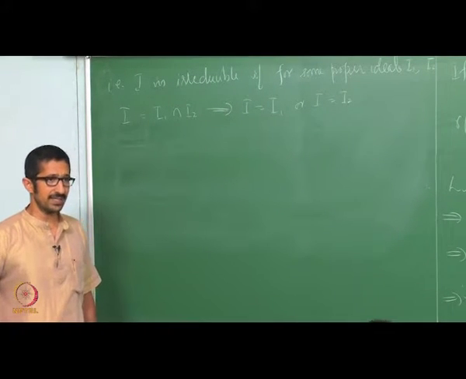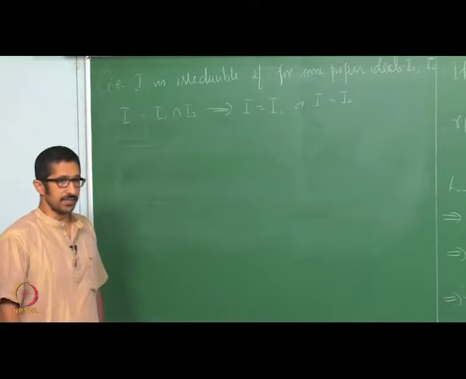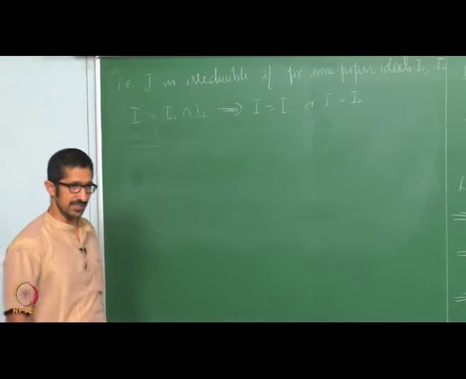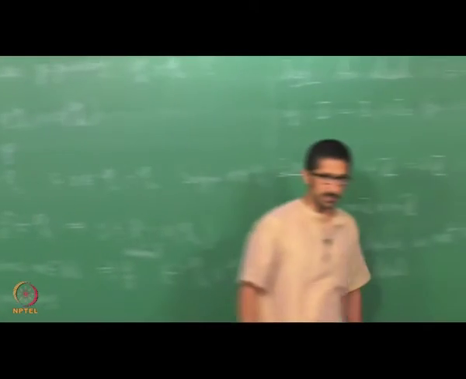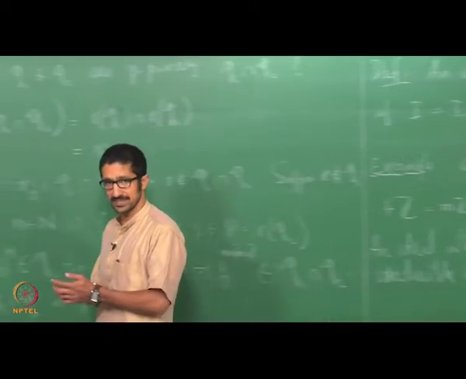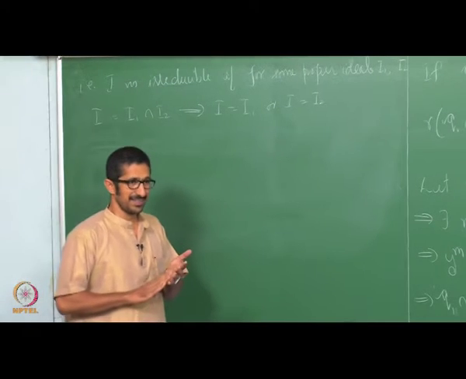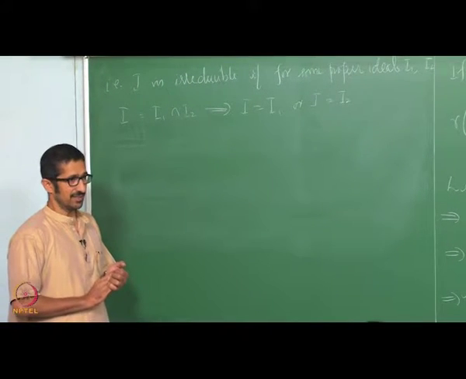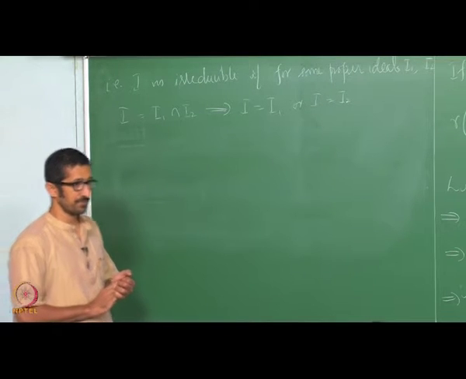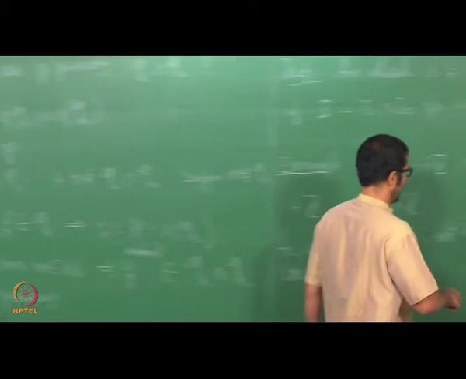So, 4Z is an irreducible ideal in Z. Can you generalize this? What are the irreducible ideals of Z? Yeah? p power n, for any prime p, where n is not equal to 1.